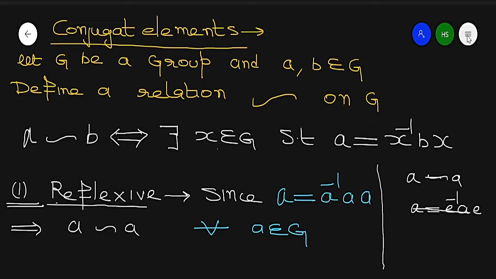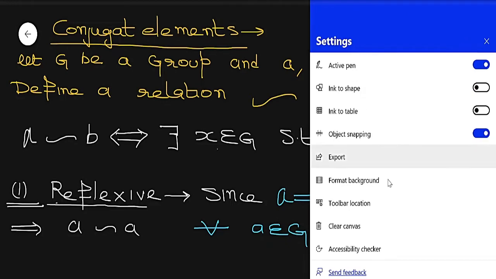What is the reflexive property? If every element of G is conjugate to itself, then it is reflexive.